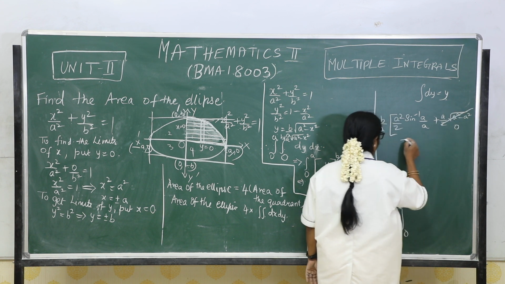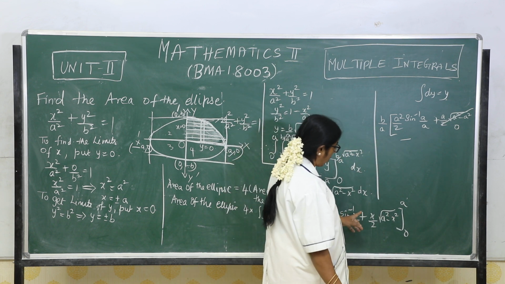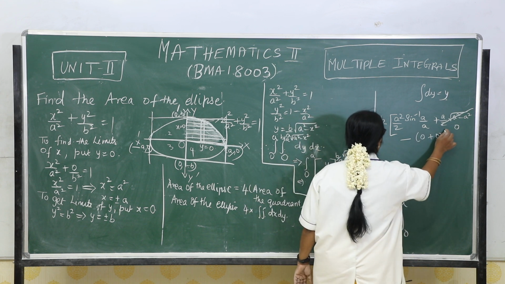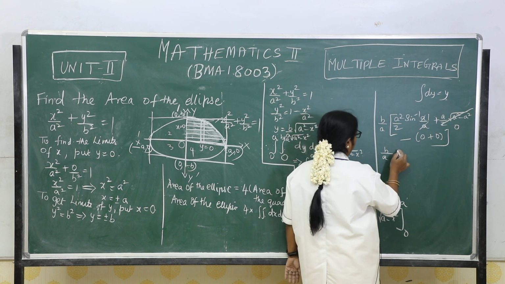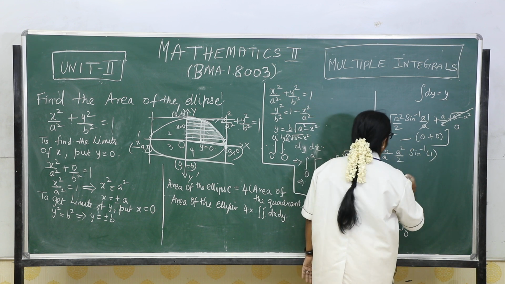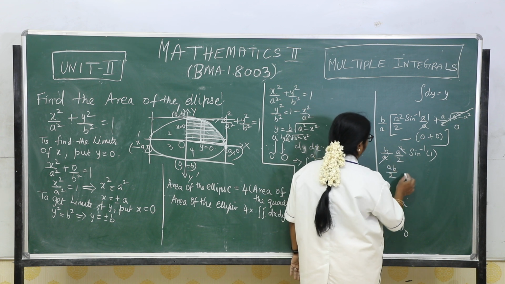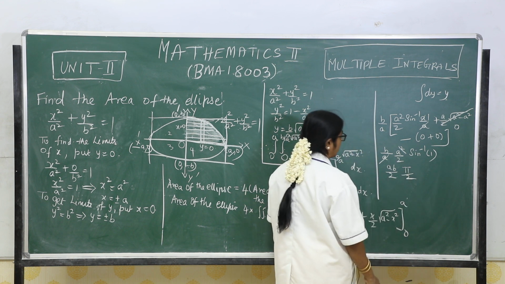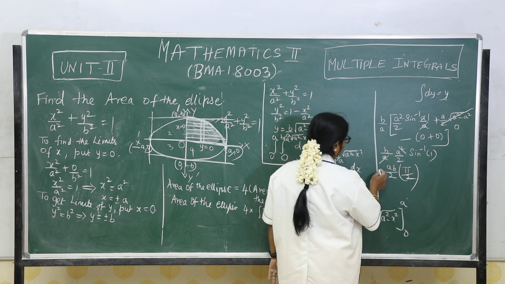This becomes 0 minus, when you substitute the lower limit, sin inverse of 0 is 0, 0 by 2 into root of a squared becomes 0, and therefore finally I get b by a, a squared by 2 sin inverse of 1, cancel 1 a, you get ab divided by 2 into sin inverse of 1. What is sin inverse of 1? Sin 90 is 1, sin inverse of 1 is pi by 2.